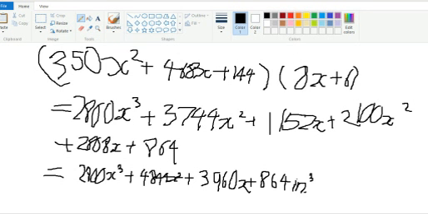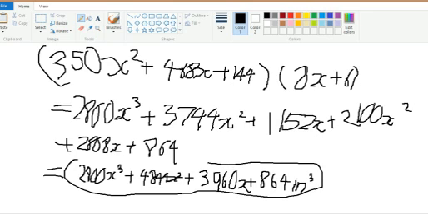Alright, now that we have worked out this equation, this is what we have. 2,800x cubed plus 4,844x squared plus 3,960x plus 864 inches cubed. That is the volume of this fish tank.